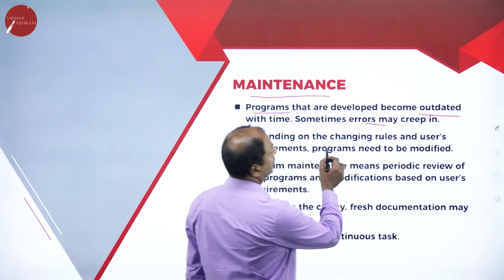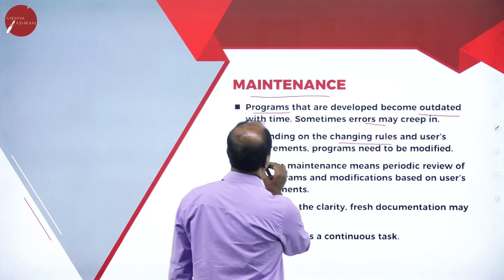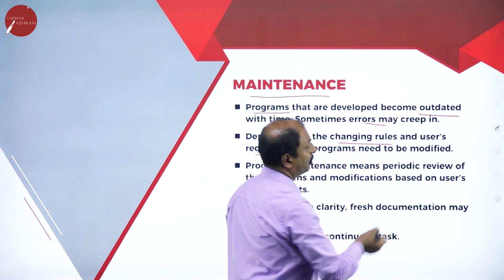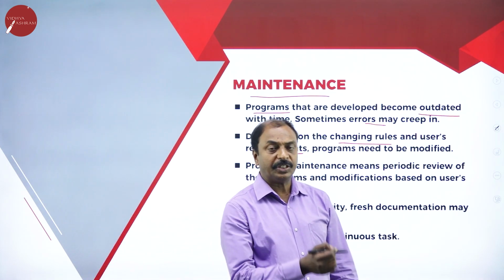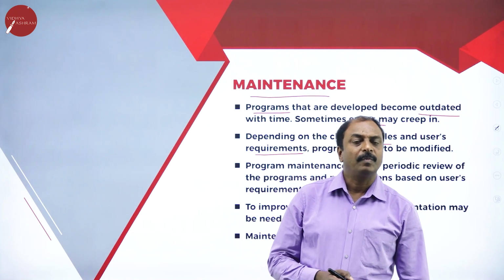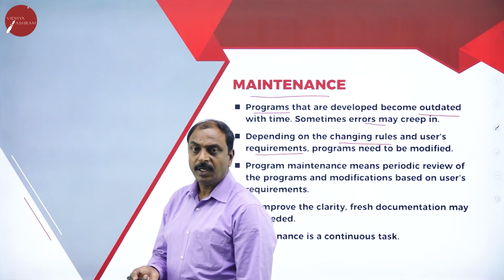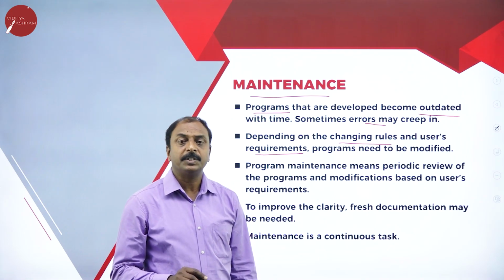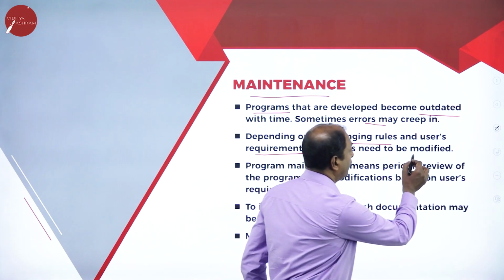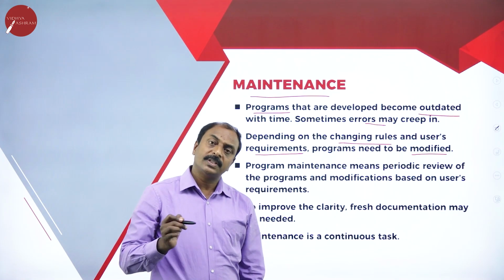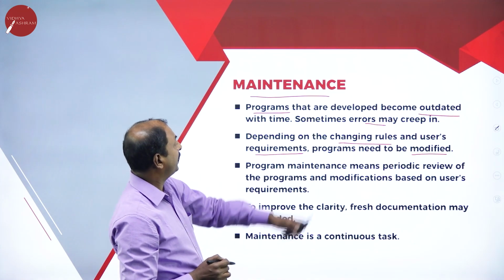Depending on changing rules and users' requirements, the program needs to be modified. Suppose a user asks for changes in a particular program after 6 months or 1 year; the programmer or developer must be in a position to modify the program as per the user's requirement. That is also maintenance.